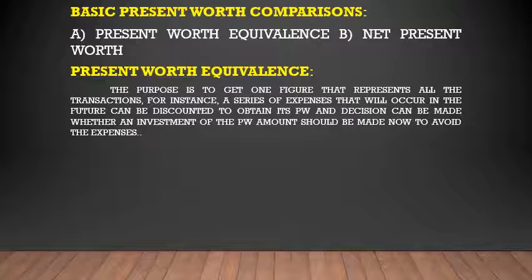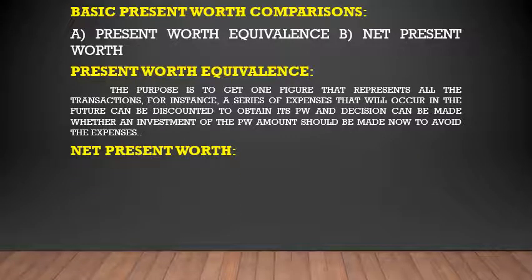Which means I am converting every cash flow to its present worth at t equal to 0, or what we normally call today. And the net equivalent amount of the entire cash flow will be calculated at t equal to 0, and based on the final result what I get, I take the decision.